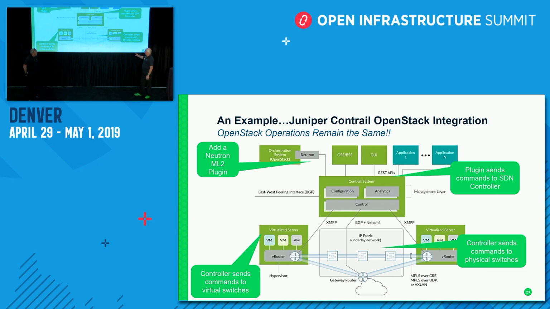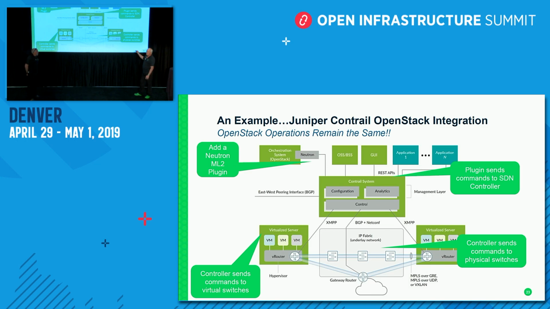You set up the Contrail system with its controller and fabric and its various interconnects, and what you do is you add a Juniper Neutron ML2 plugin into OpenStack. And that's the communication part that communicates from OpenStack to the Contrail controller.